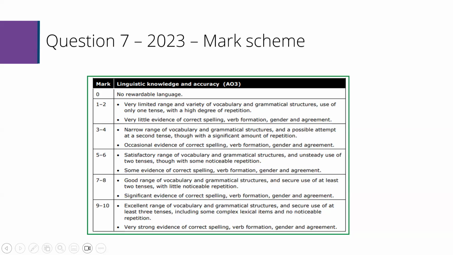And that it also includes some complex lexical items, so some vocabulary that is not the most obvious and high frequency vocabulary, and that again is useful to encourage students to think about.